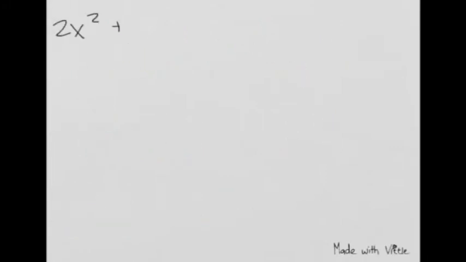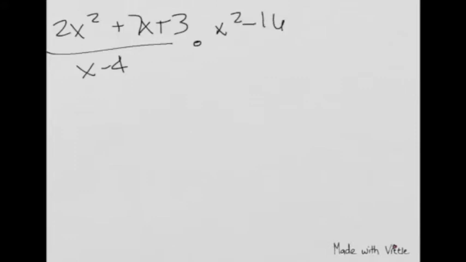2x squared plus 7x plus 3 over x minus 4 times x squared minus 16 over x squared plus 8x plus 15.